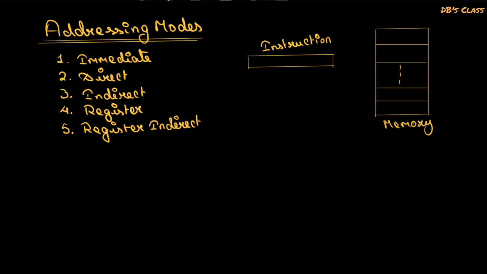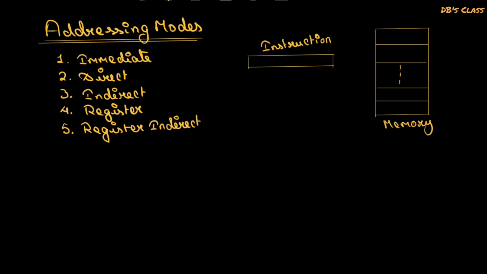In immediate addressing, the operand is present in the instruction itself. You have the opcode, and the operand is within the instruction. Such instructions are known as immediate instructions.